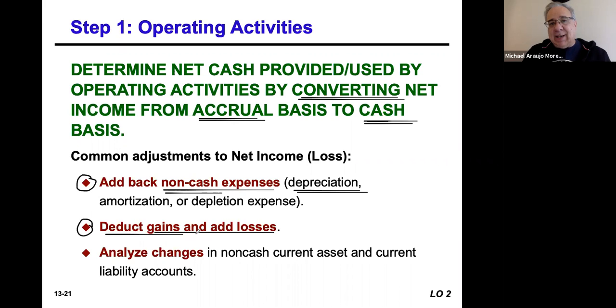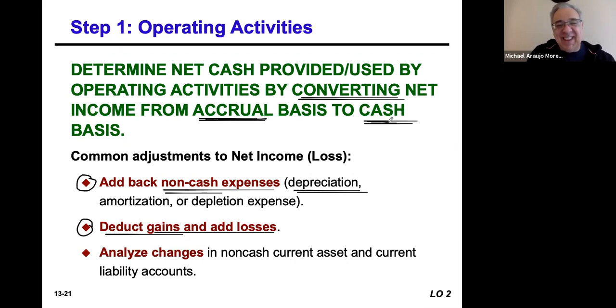Anytime we sold off an asset and took a loss on it, we had to declare a loss on the disposal of assets. Anytime we sold an asset and had a gain, we had to declare a gain. We added them to the income statement. That's how we had to do it under the accrual basis. We simply have to reverse all of that out on the cash basis.